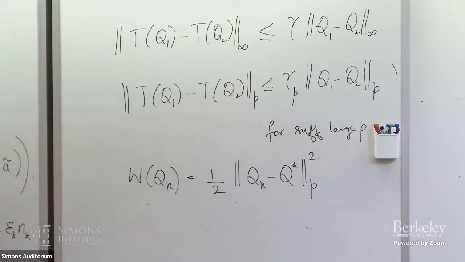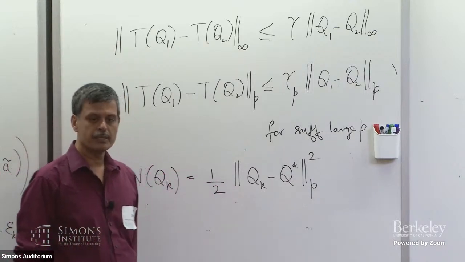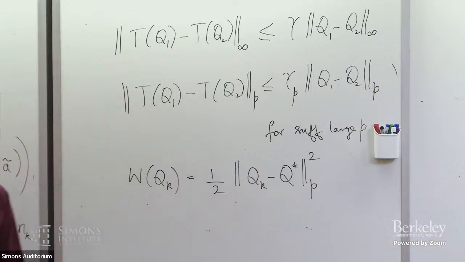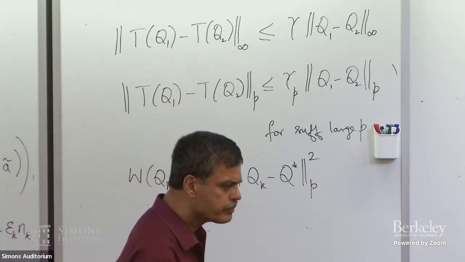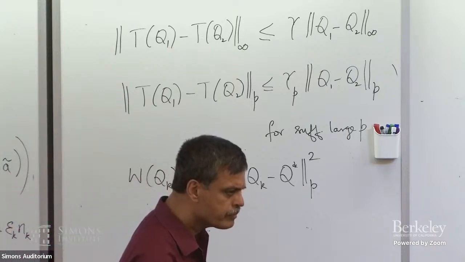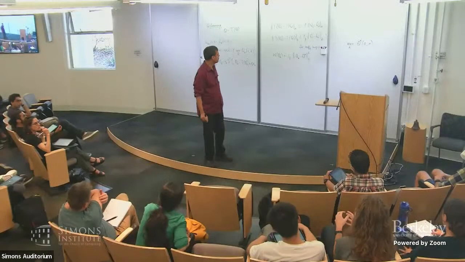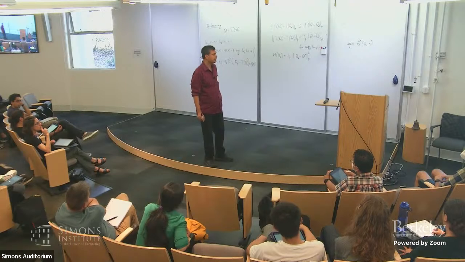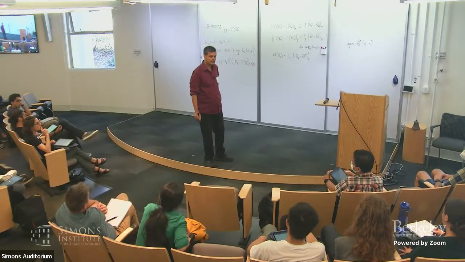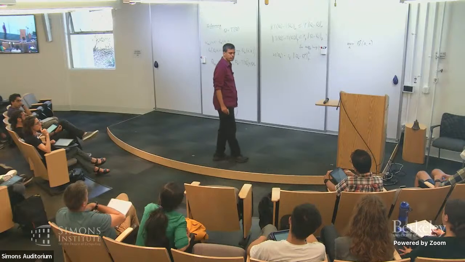Okay, so it's not the 2 norm, but the P norm. This statement about the optimal Bellman operator being a contraction for sufficiently large P, is that true for all infinity norm contractions, or is it specific? Any finite dimensional infinity norm contraction. If it's not finite dimensional, then it won't be.